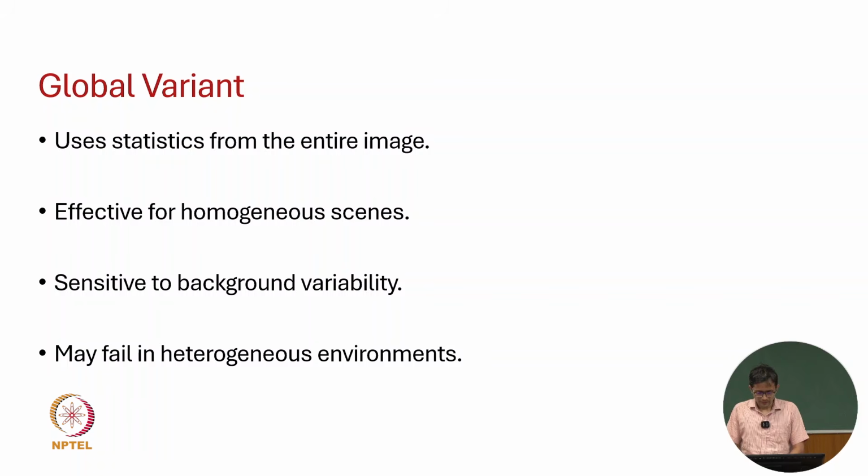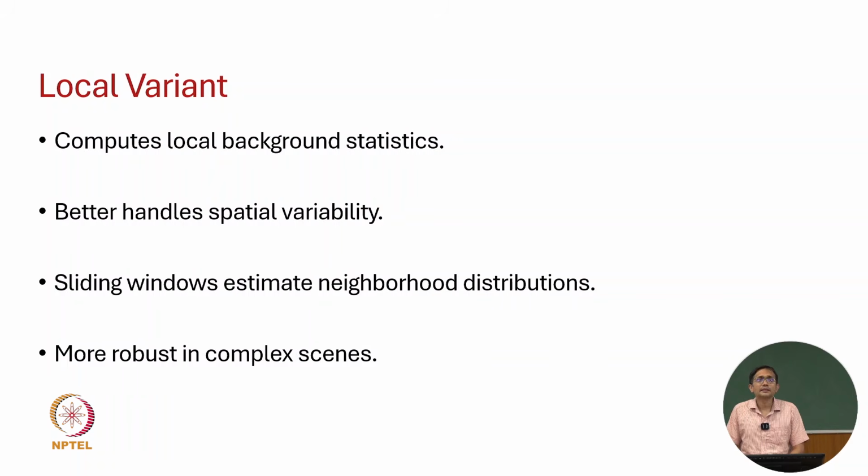The local variant rather computes local background statistics. So instead of observing the entire given image, let's say 224 cross 224 or whatever other size, it rather looks at a localized area. Of course, it's not looking at just one pixel.